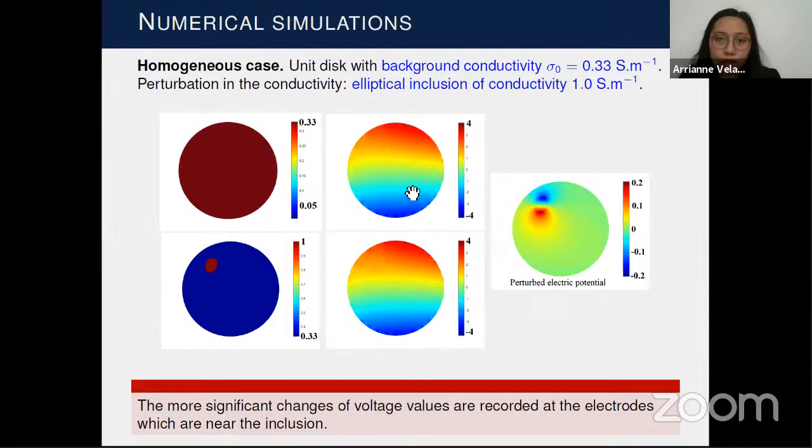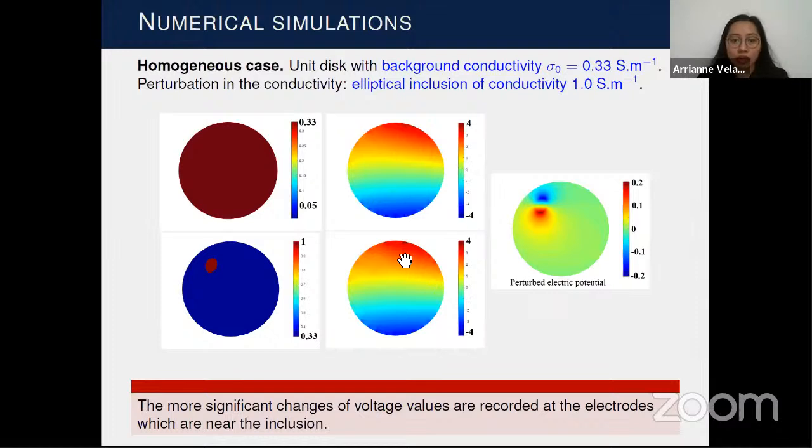So actually, if we get the difference between this unperturbed solution and this perturbed solution, we have this photo here in the third column, and we observe that there is a significant change in the electric potential near the inclusion. So around the inclusion or around the perturbation, and at the electrodes near the inclusion.